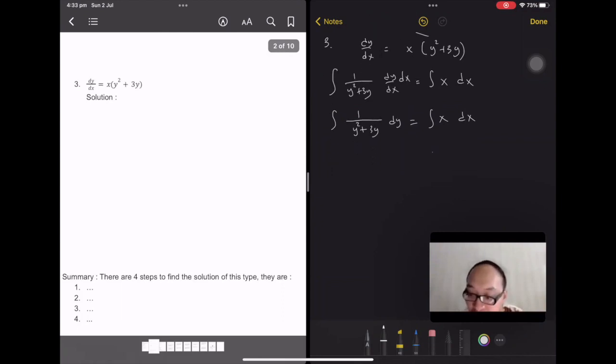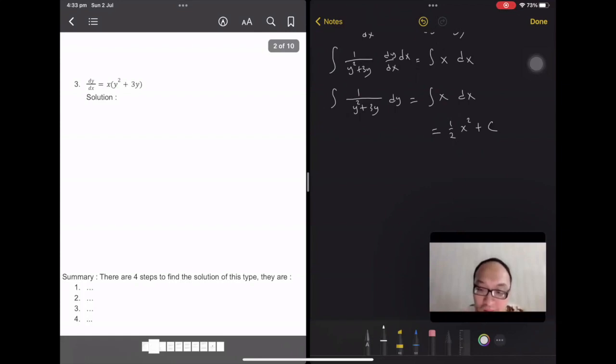Okay, the right part is easy. It equals half x squared plus c. How about the left part? How to integrate 1 over y squared plus 3y dy? We can factorize the denominator into y times y plus 3.